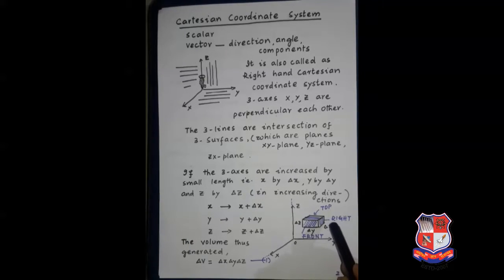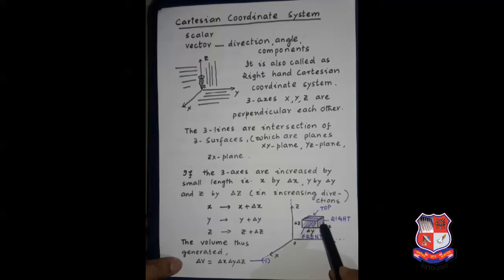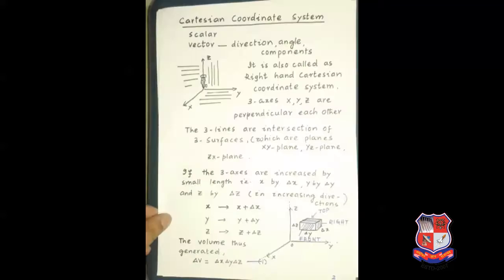So what will be the equation for this small volume which is generated by this small increment in x, y and z? Mathematically this small volume can be represented as delta V is equal to del x, del y, del z.